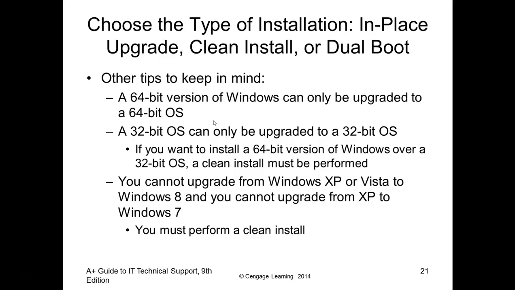Okay, you cannot upgrade from XP or Vista to Windows 8, and you cannot upgrade from XP to 7. Okay, you have to perform a clean install on these as well. So generally speaking, and just from personal experience, a clean install is really going to be where you want to go anyways. It's going to make your life a whole lot easier in the long run, I guarantee you.